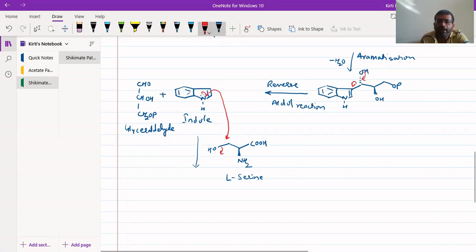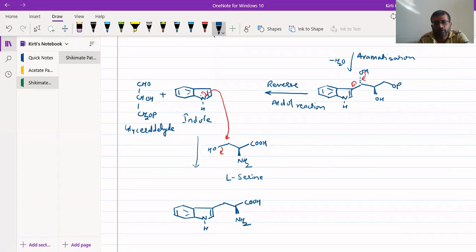And then again relay back, the aromatization happens, and we get this, which will be NH2, and here we will have a COOH. This is nothing but the structure of L-tryptophan. So this is how we biosynthesize L-tryptophan from chorismic acid.